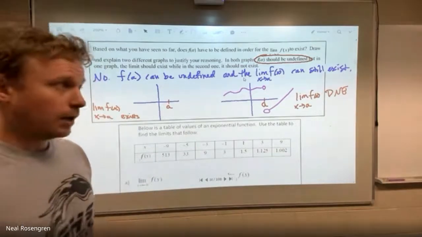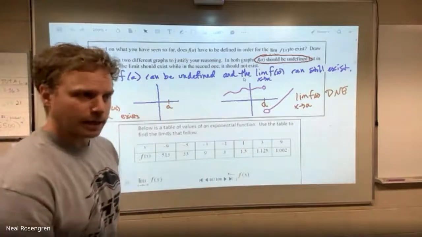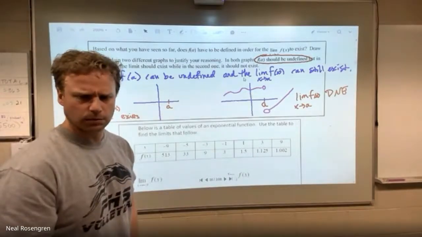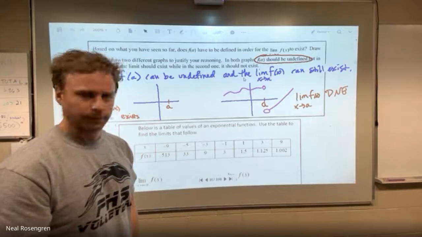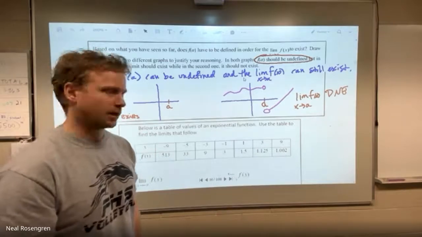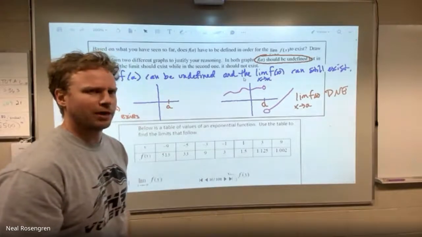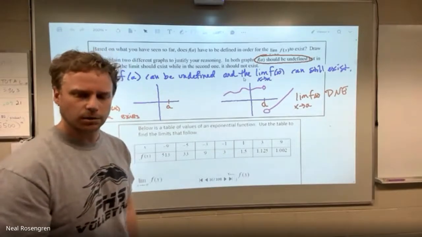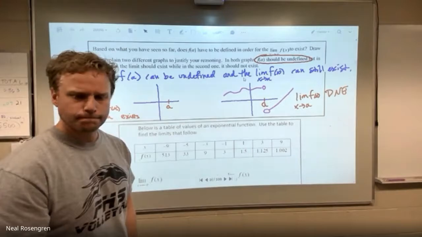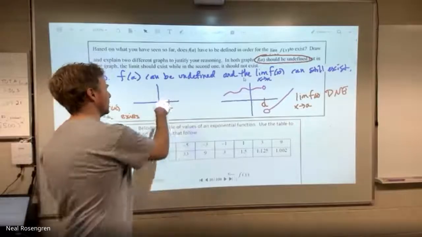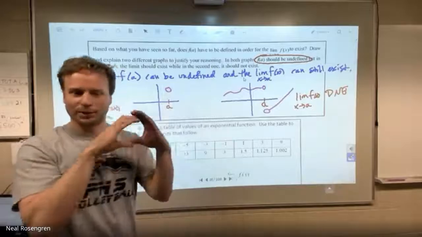Well, okay. If the limit exists, can there be an asymptote there? Definitely not. If the limit exists, it can't be an asymptote. So what should I probably draw instead if I still want it to be undefined? A hole. Nice. And I see people out there nodding too, which is awesome.